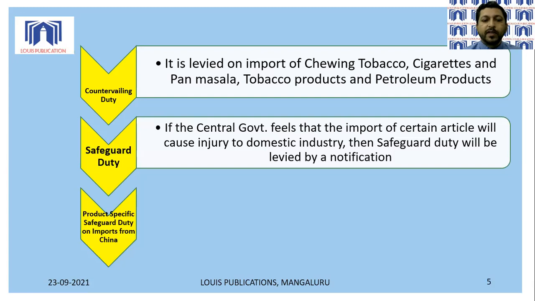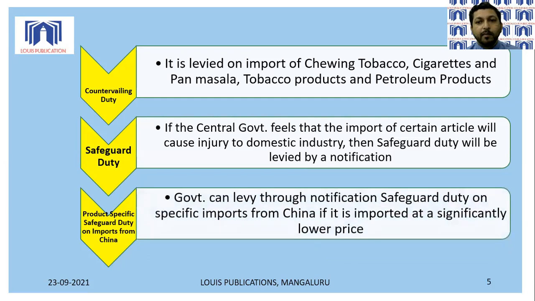Next, we have product specific safeguard duty on imports from China. China is the factory of the world. So almost all companies, multinational companies, are operating from China. So they are able to produce at comparatively lesser price because of the subsidy made available by the government of China.